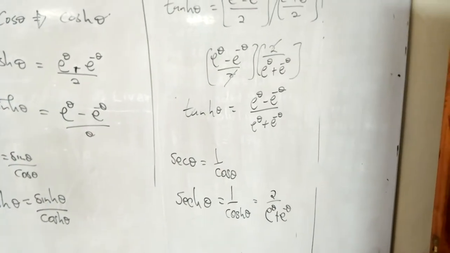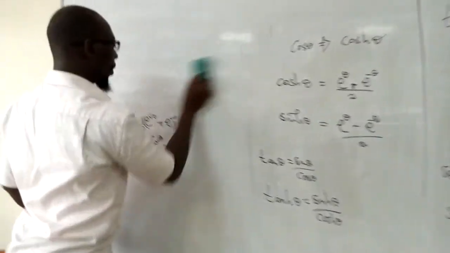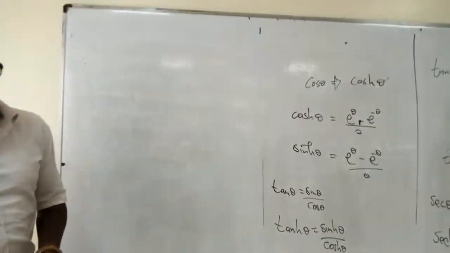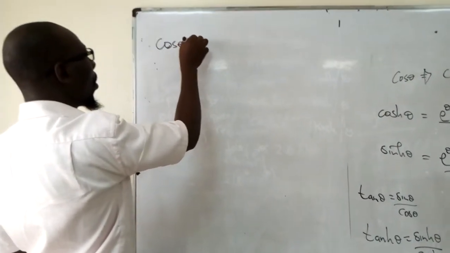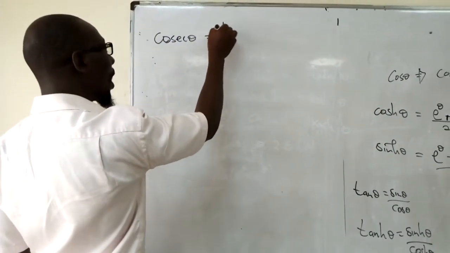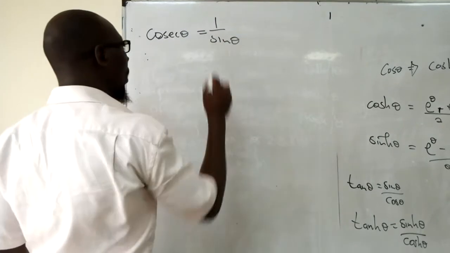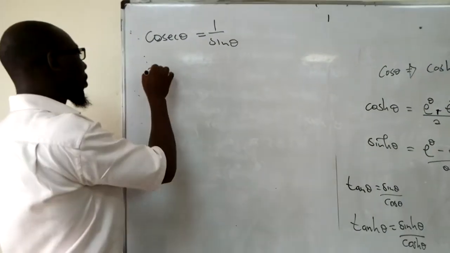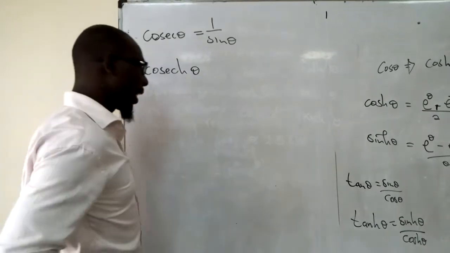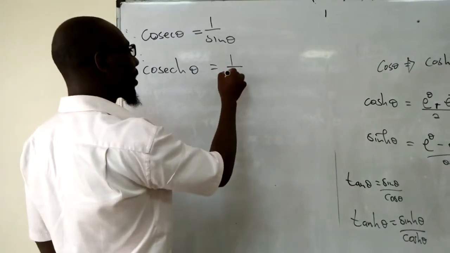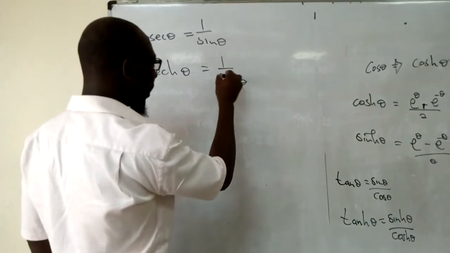We also have, from trigonometry, cosec of an angle theta given by 1 over sine of theta. So in hyperbolic, we have cosech, read as cosech of theta, given by 1 over sinh of theta.